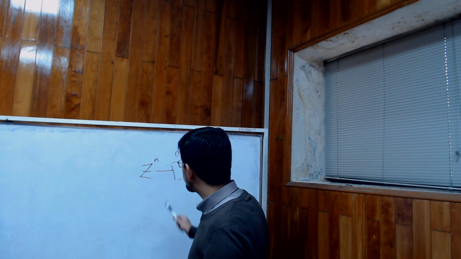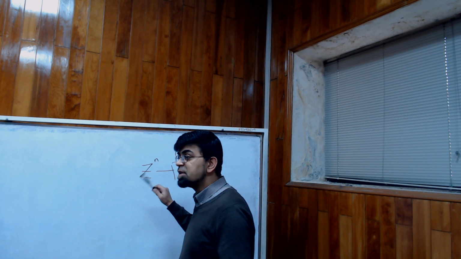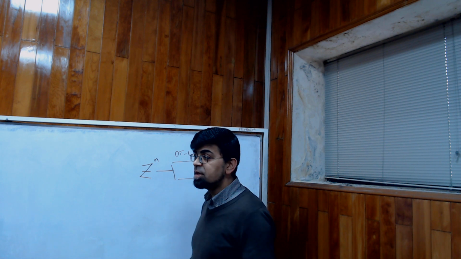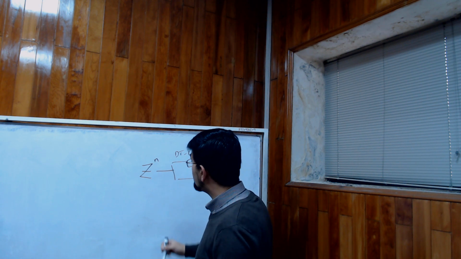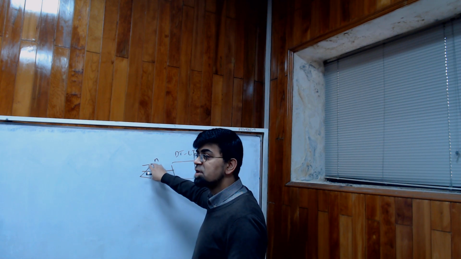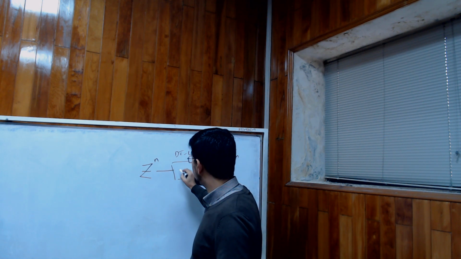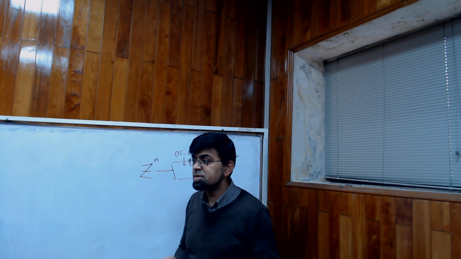And the first one we have already done is the Z transform, which applied to DT LTI systems, where the idea was that the complex exponentials are the eigenfunctions of DT-LTI systems, right?